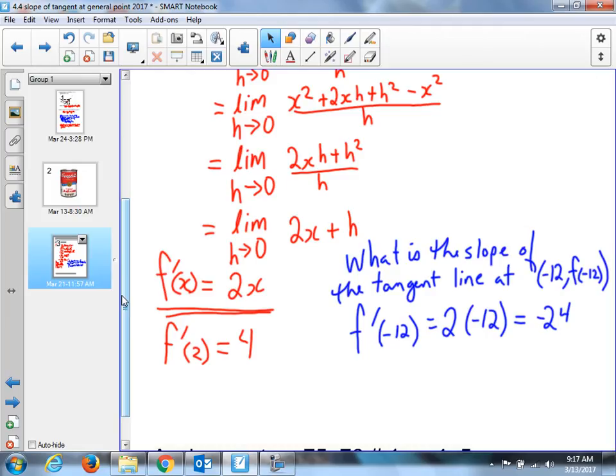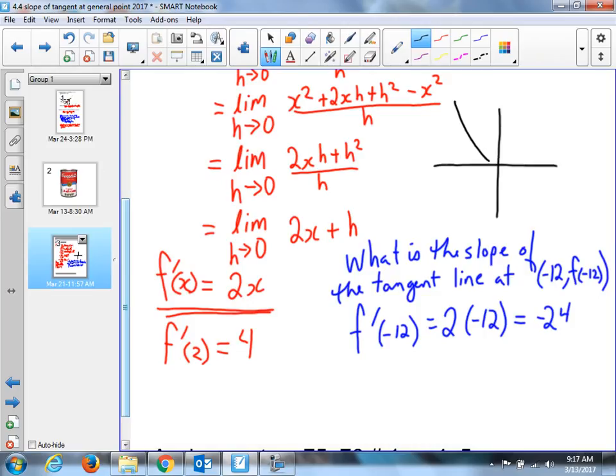What are we finding here? Now, just keep in mind what this is, x squared, right? Now, I'm not going to plot points. But at 2, we'll say this is 2 here. The slope is 4.